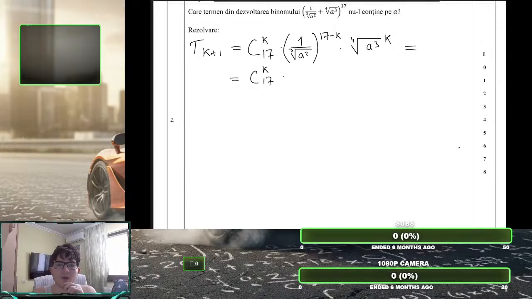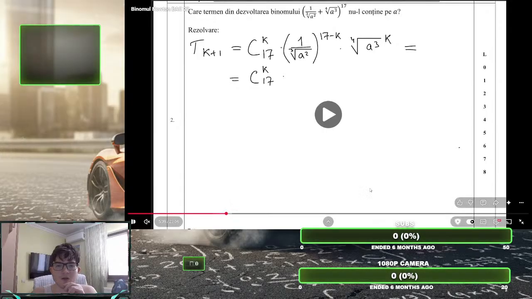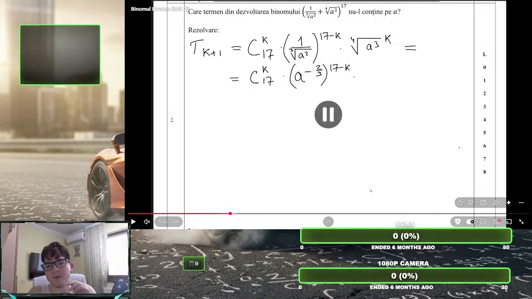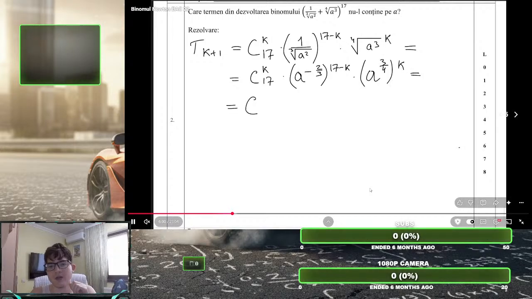Flip it, a to the power of minus 2 divided by 3, right? And 17 minus k right there: it's 1 divided by 4 times 3, so it's 3 divided by 4 times k.